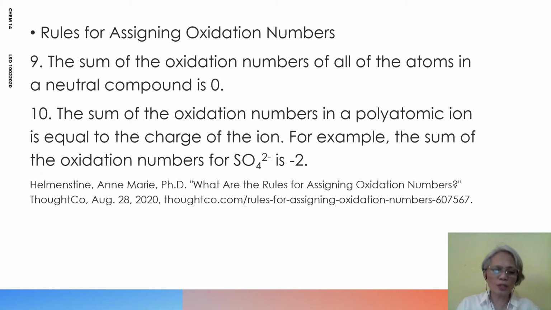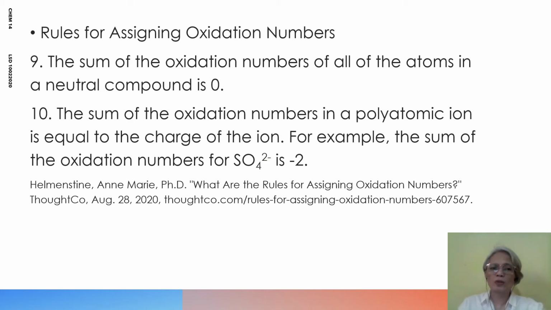The sum of oxidation numbers of all atoms in a neutral compound is 0, whereas the sum of oxidation numbers in a polyatomic ion is equal to the charge of the ion. For example, sulfate has an oxidation state of -2.